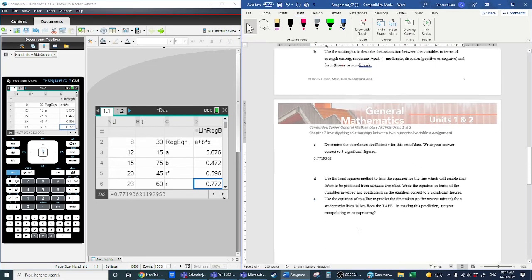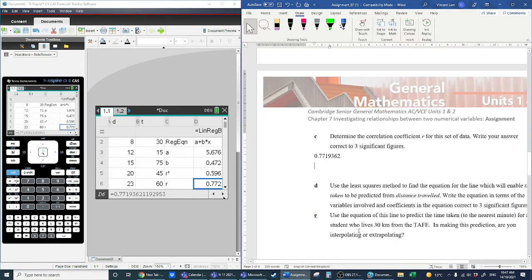In terms of 3 significant figures, this was done in term 1. You do need to know this, significant figures. There is another worksheet on it, so you can practice if you need. But significant figures are all numbers greater than 0. There's a few other criteria where 0 is a significant figure, but that is also in your notes. So the 0 doesn't count, the 7 counts, 7 counts, and the 1 counts.